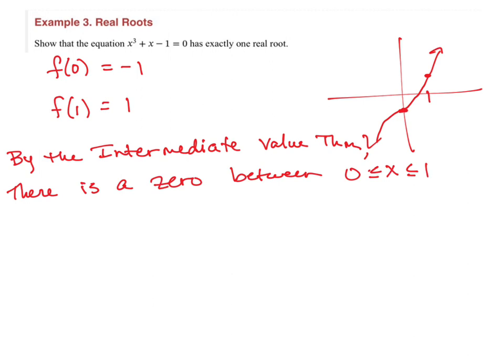And you know that because it is continuous. It's going to pass through every point between x equals 0 and x equals 1, and every point between f of 0, which happened to be negative 1, and f of 1, which happened to be 1.